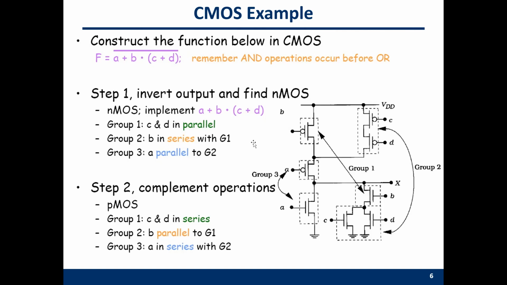So I don't think this problem is hard. Follow the steps here. The first one is to implement the F bar in the pull-down method. Before that, you need to apply the De Morgan law.